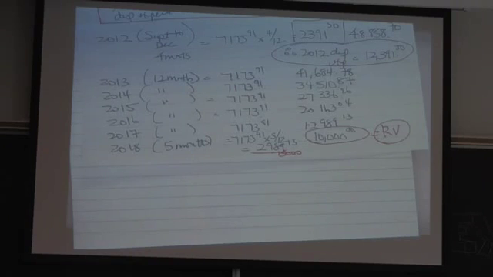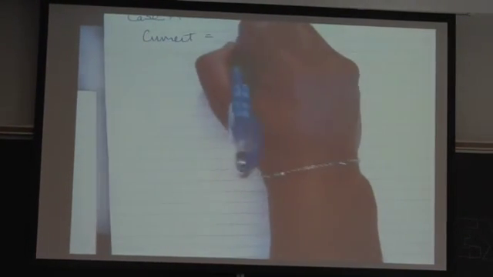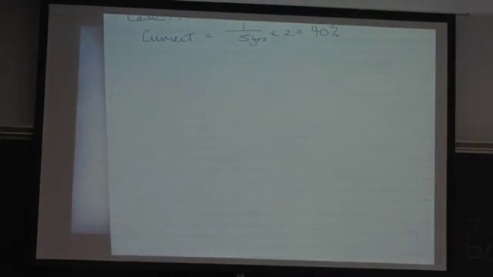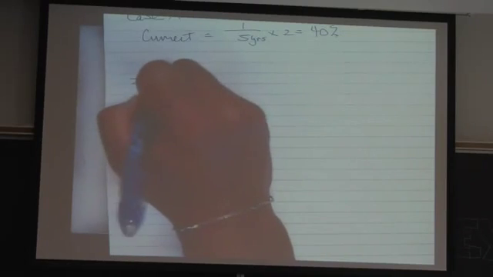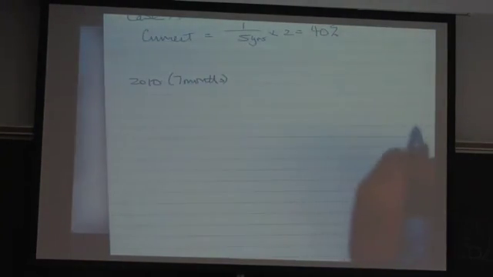Now, what if it was double declining balance? Let's do that. Under double declining balance, again case A, the current rate is 1 over 5 years times 2, which is 40%. In 2010, it's only 7 months because we bought it September 1st.